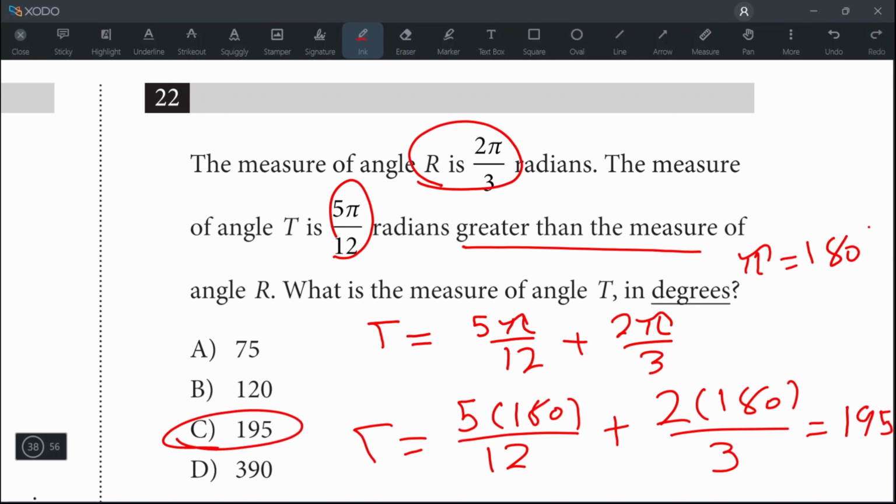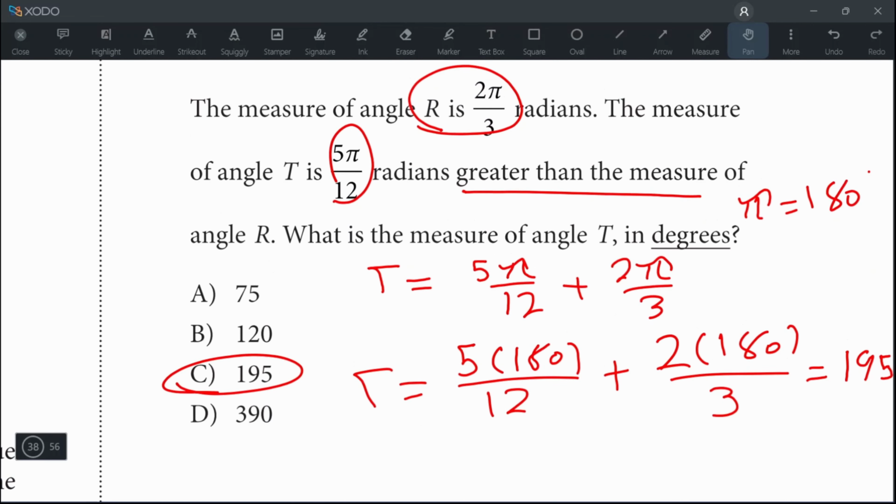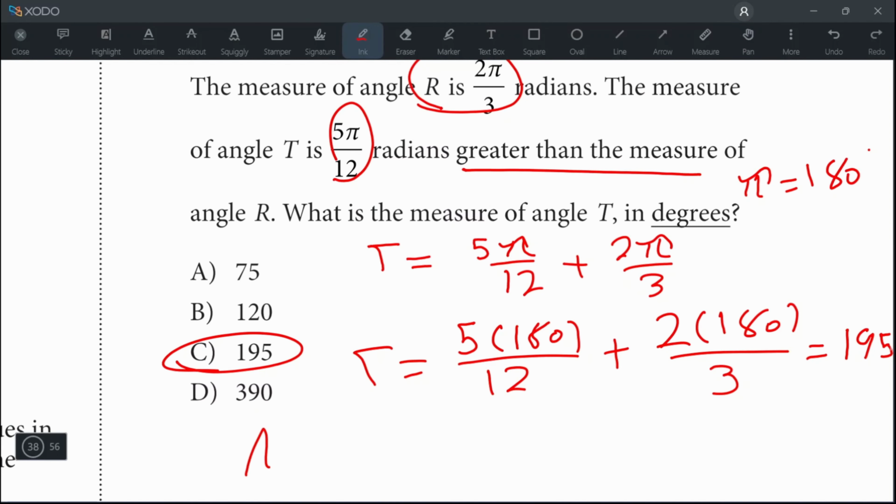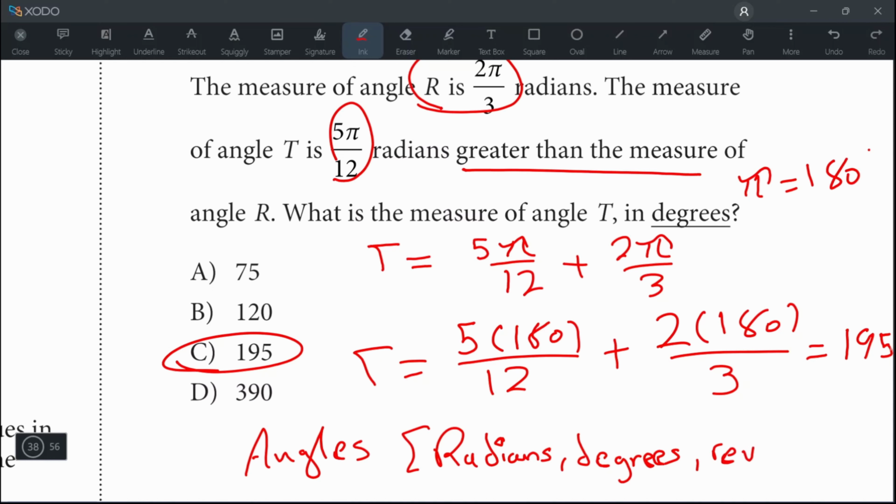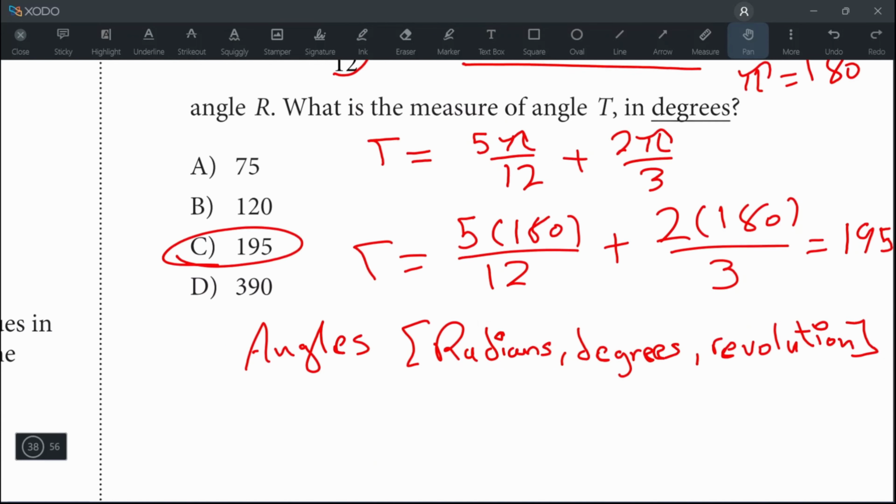So the answer for this question is C. And this question is about angles, radians, degrees, and revolutions. It's a full chapter. You can go and revise it in case you find some problems solving such questions.